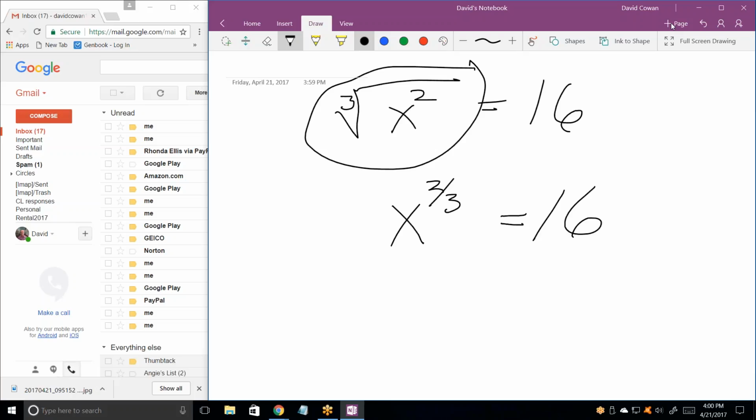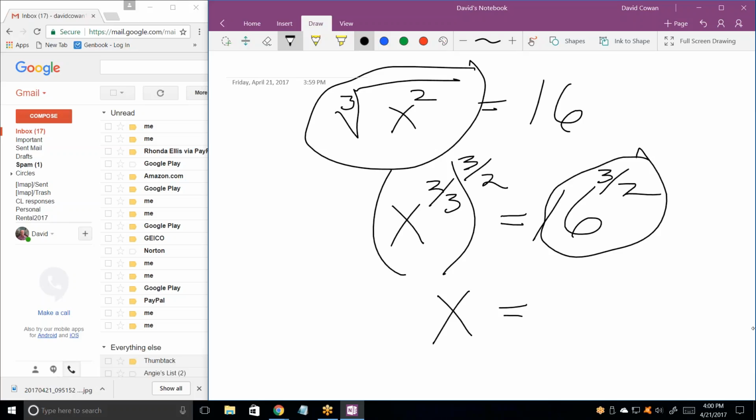Now what's the next step? The next step is to root that number by 3 over 2, or not root it, but raise it to the 3/2 power. Exponentiate it is what you're looking for. That's called exponentiation. So I'm going to exponentiate it to the 3 halves, the reciprocal of that number. That will leave x all alone there. And what's this equal to?